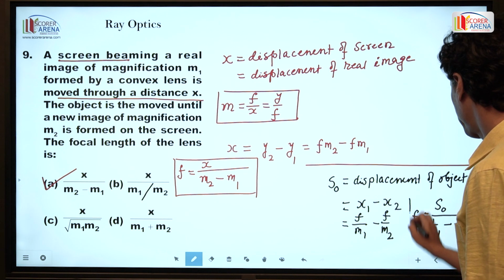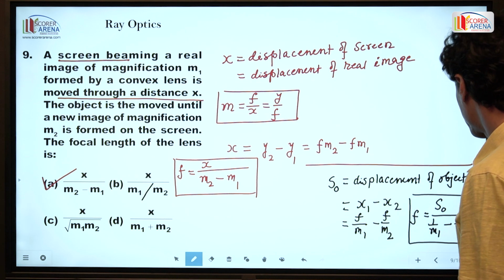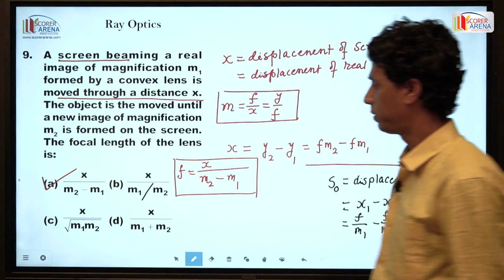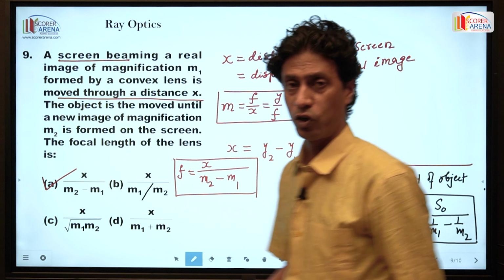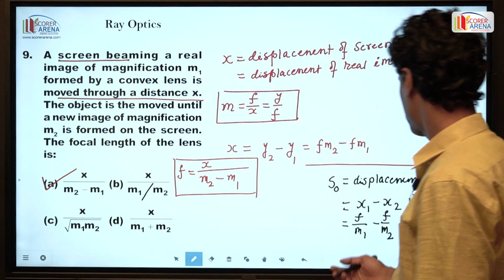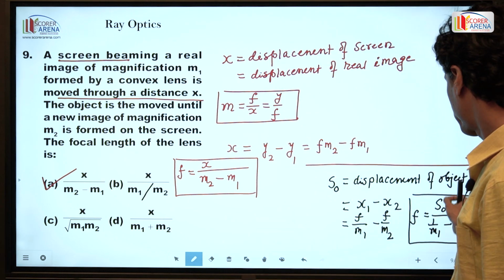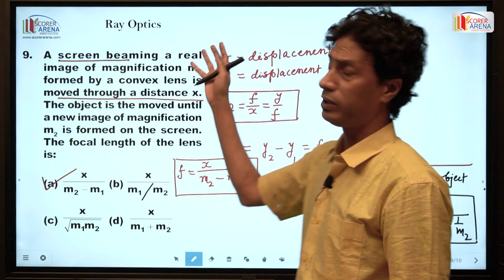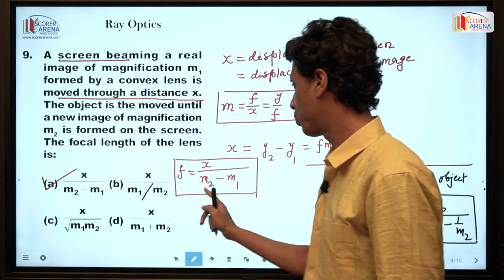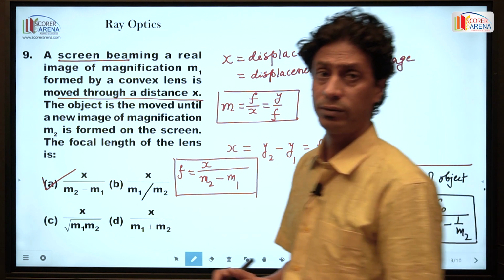This is the focal length of the converging lens or converging mirror. It is applicable for mirror and lens, converging mirror and converging lens. So focal length becomes SO by 1 by m1 minus 1 by m2, and when image displacement is given, f is equal to x by m2 minus m1.